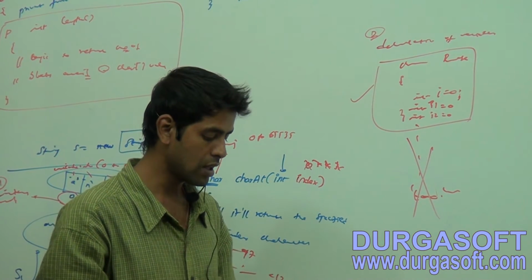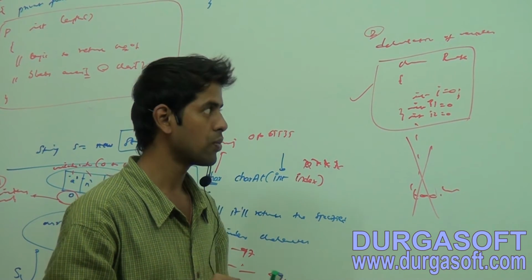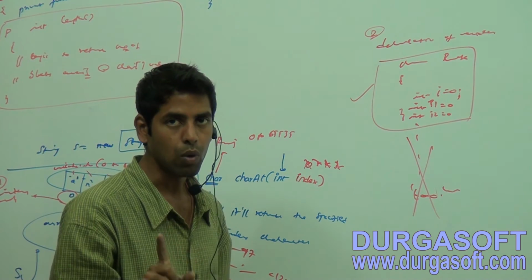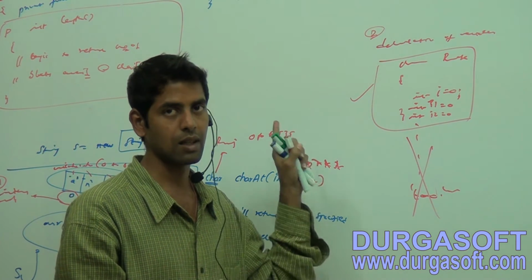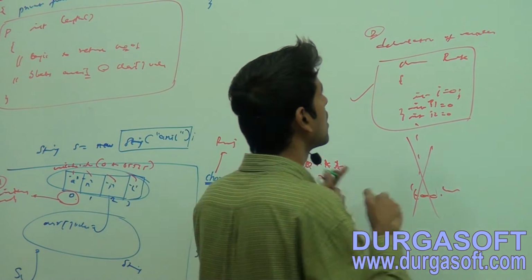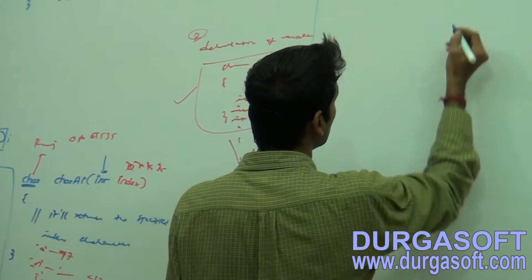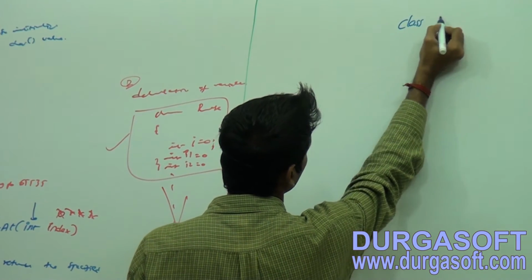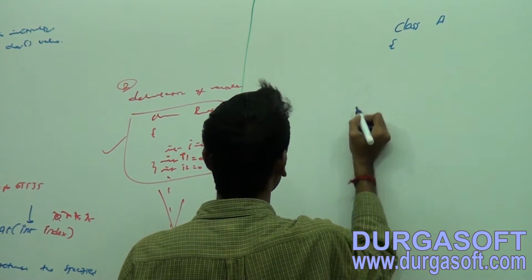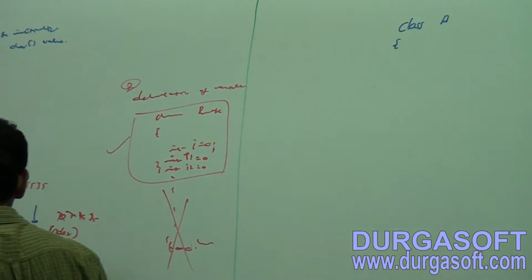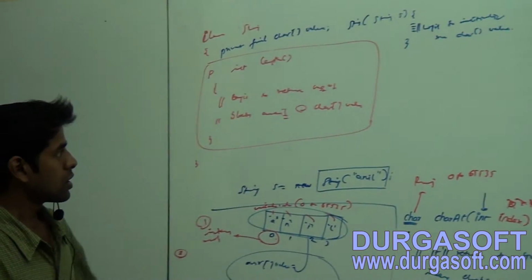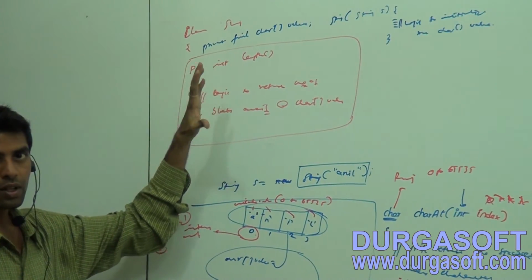Now observe what I am going to do to write our own logic for the length method. Take one small class called A. This is the predefined String class.